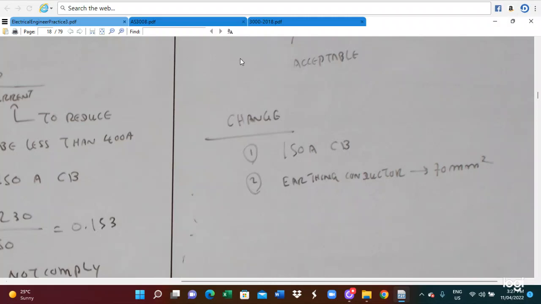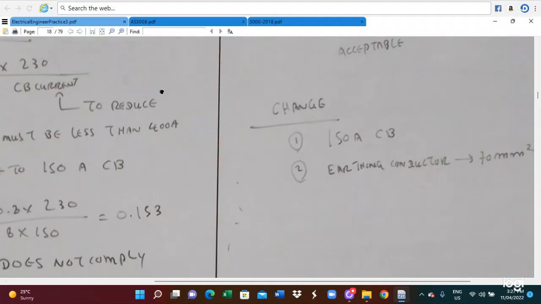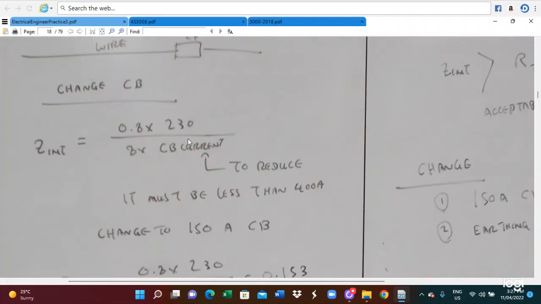Therefore, the original 400 ampere circuit breaker with our 50 millimeter square earth wire does not comply, because the leakage circuit breaker will not be working. Therefore, instead of using the 400 ampere circuit breaker, we change to the 150 ampere. Based on the 150 ampere circuit breaker, we can calculate the new ZINT. This is 0.153.